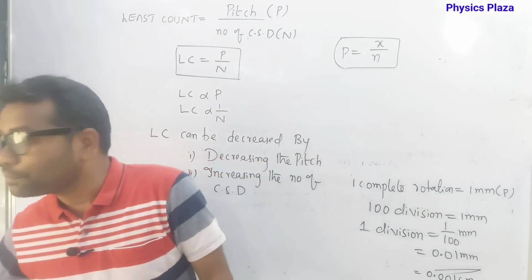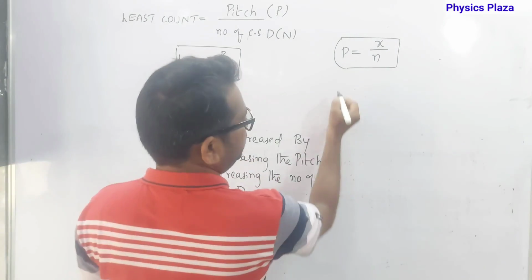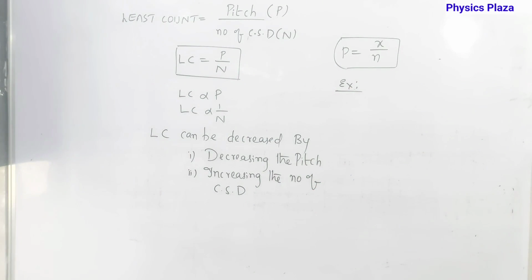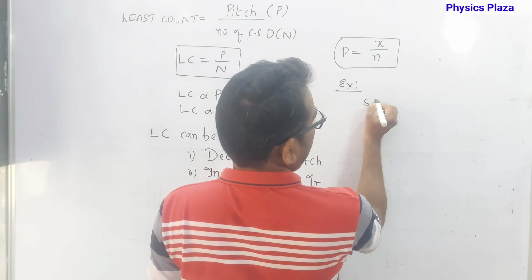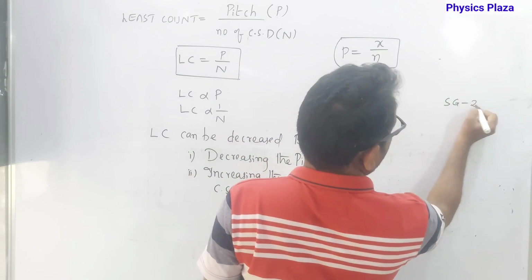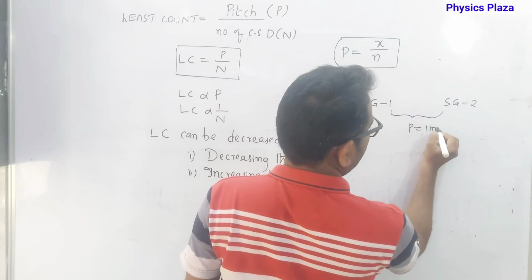Just let us take one example, children, so that you will understand very easily. Let us say it is screw gauge 1 and here is screw gauge 2. For both, let us say the pitch is common, 1 millimeter only.